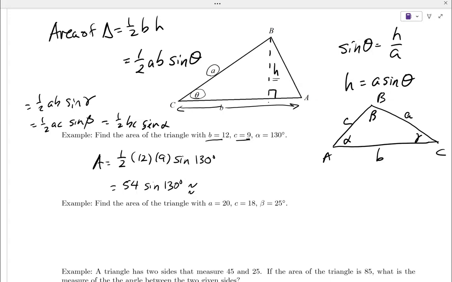We just need those two sides and the angle between them. But it has to be the angle that's in between the two sides you're given. But as long as you have that, then you're good to go.